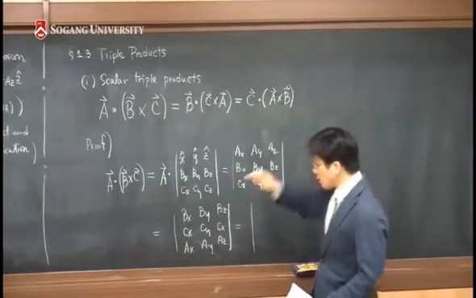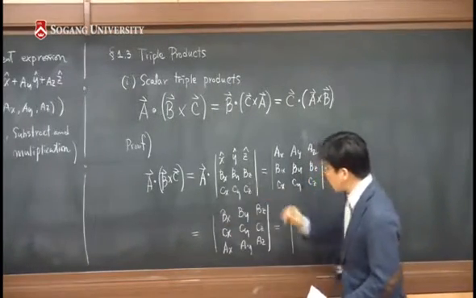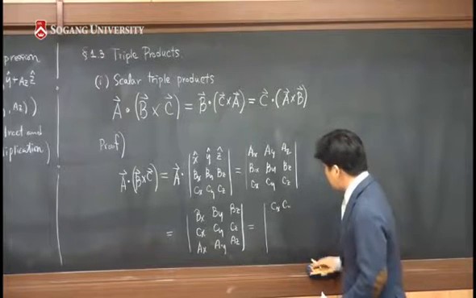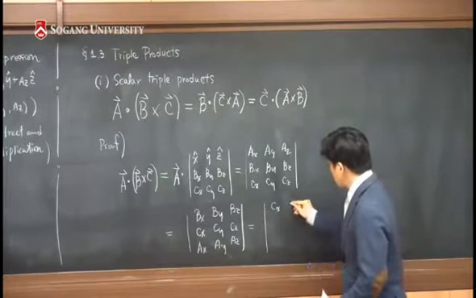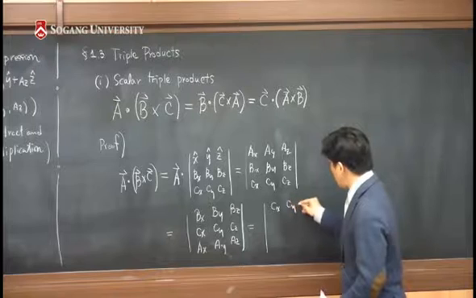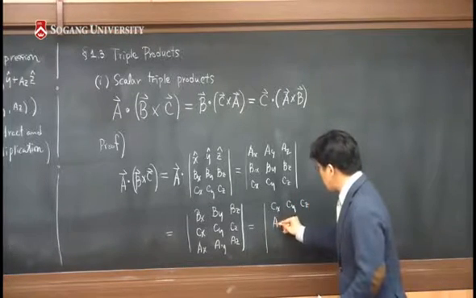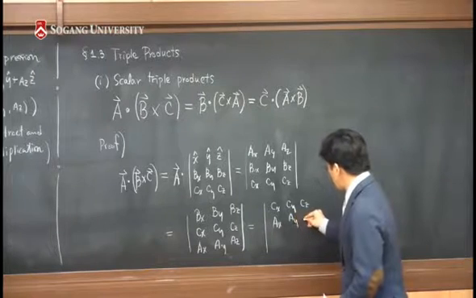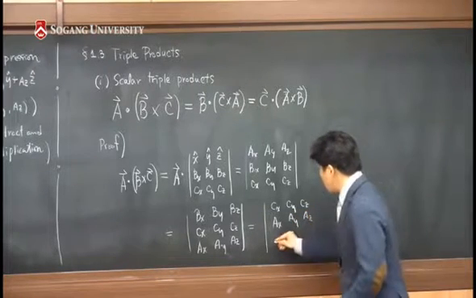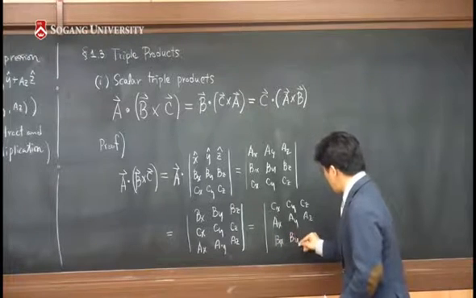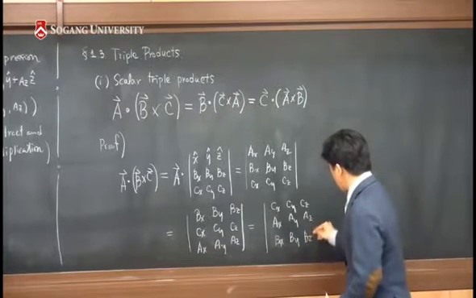Okay, as a third one, it can also be the same if you shift one more: Cx, Cy, Cz, and Ax, Ay, Az, Bx, By, Bz. Okay.